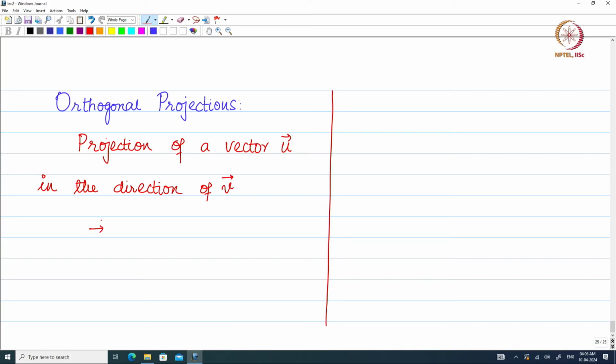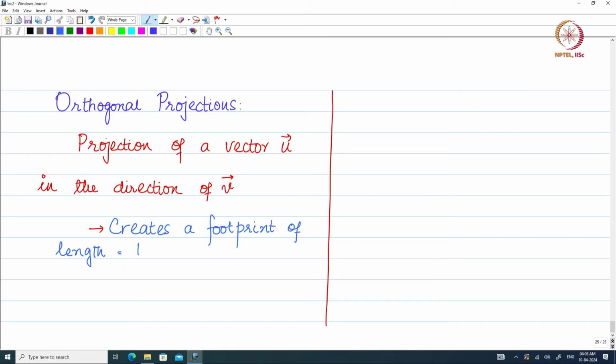It basically creates a footprint of some length given by the projection of u onto v.